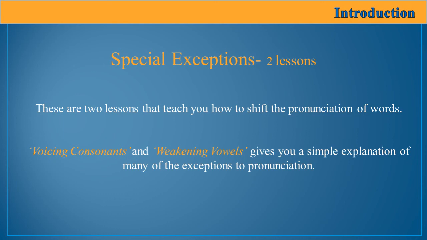So the 2 lessons, voicing consonants and weakening vowels, I try to give you a simple explanation that will cover many of the exceptions that you'll find to pronunciation. So they're exceptions, but there are actually rules you can follow for these exceptions. And all of these lessons should then equip you to get a really good start on being able to read.